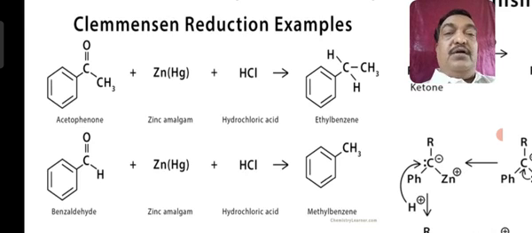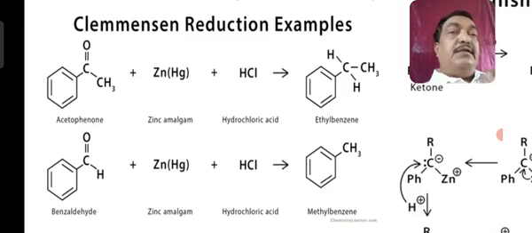Or else you can see another example here, benzaldehyde. In the case of benzaldehyde, the same reaction, zinc amalgam dissolved in HCl. Zinc amalgam means an amalgam of friendship between the two metals, zinc and mercury. Mercury has a tendency to form a good friendship with zinc, that is called zinc amalgam, remember, and it is dissolved in HCl, which reacts to give zinc chloride and hydrogen, and that converts benzaldehyde into toluene, that is methylbenzene, right?